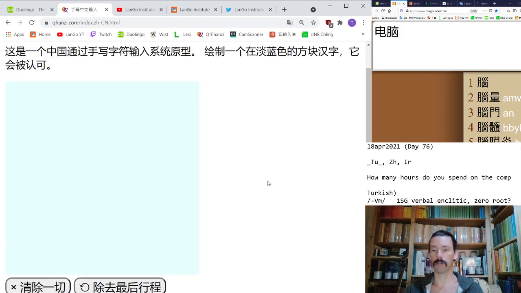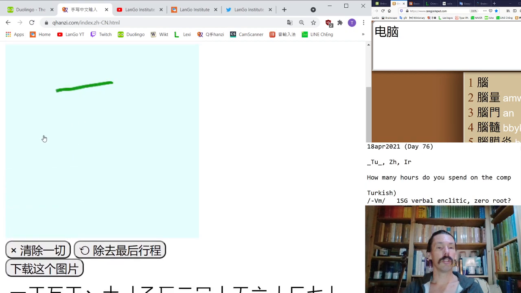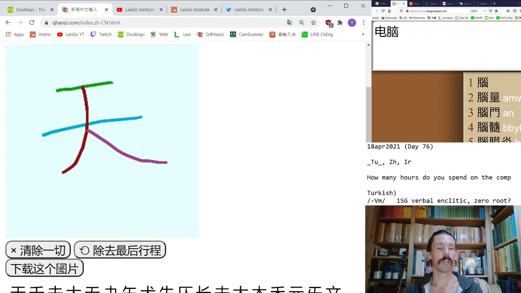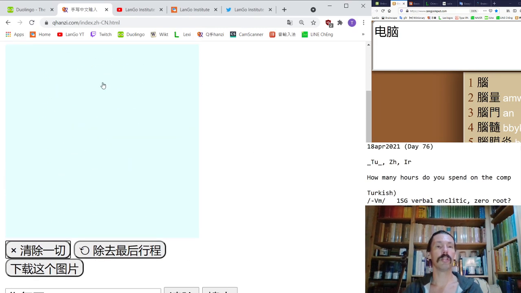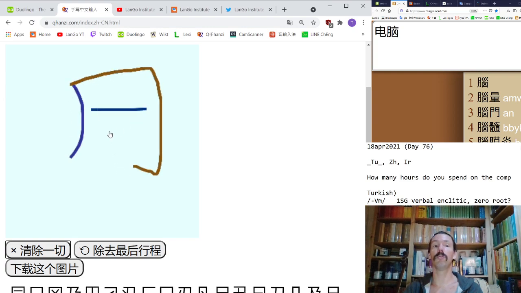Good question, Lima. Always good to ask. 你每天 is M, straight line on top, and then K, the big shape. 每天用. So I might not have thought to put the verb use right here. It's BQ.